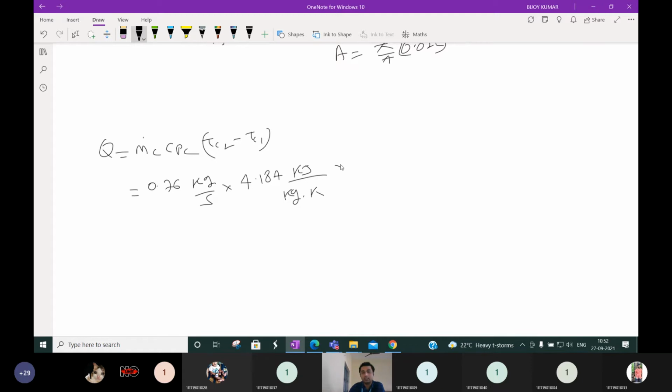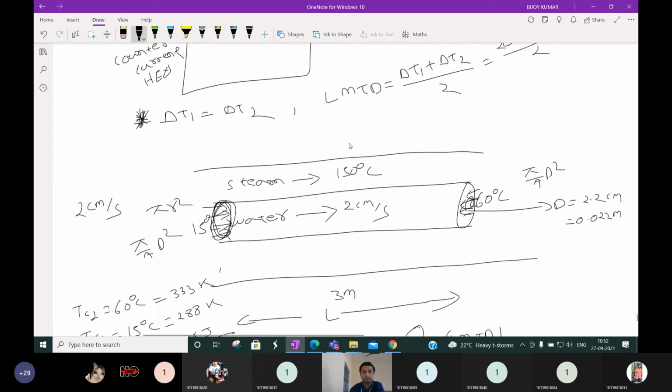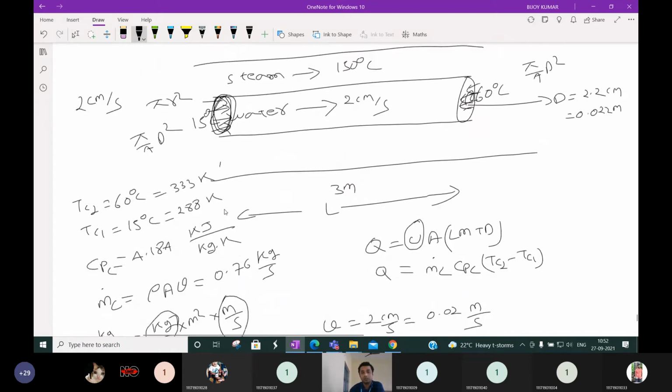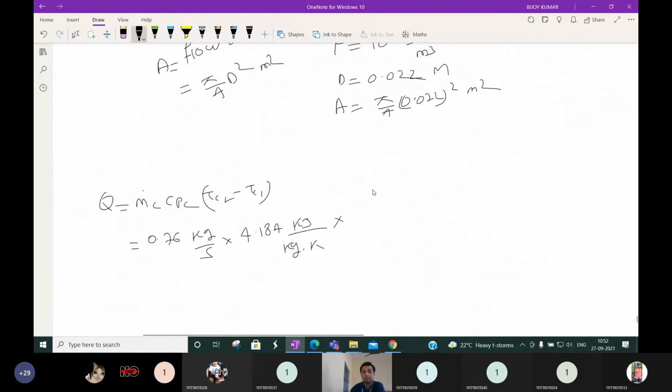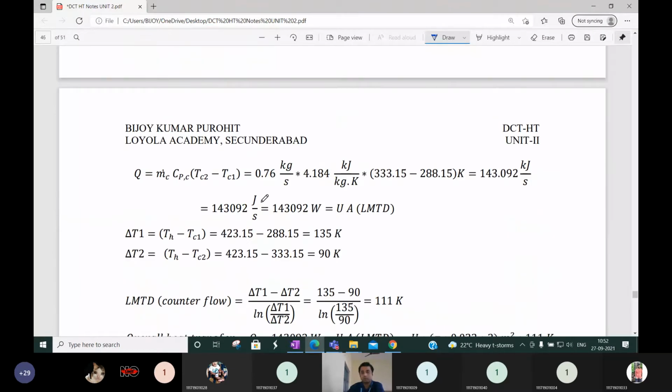And the temperature is 60 minus 15, or 333 minus 288 Kelvin. If you do the product it will come 143.092.